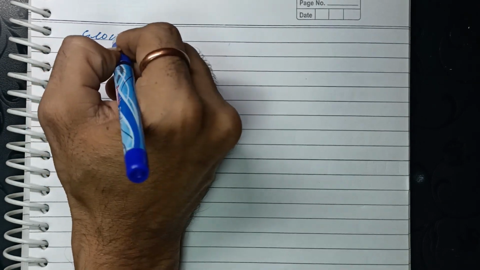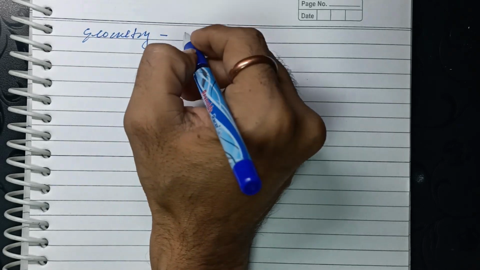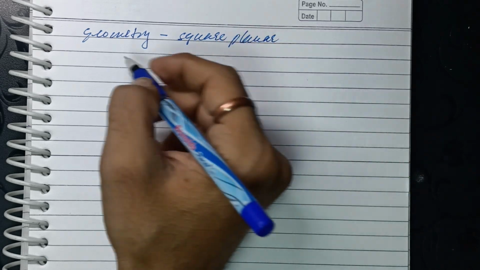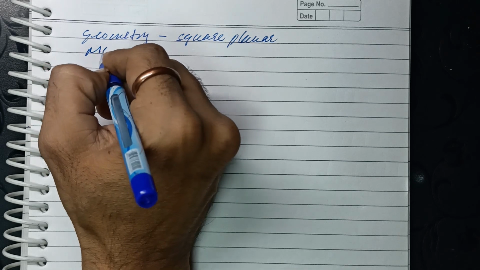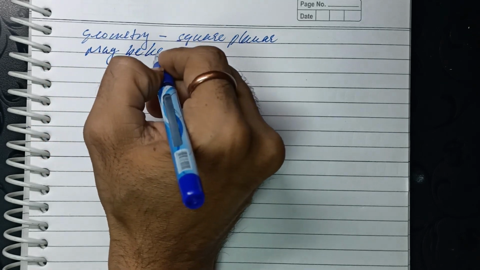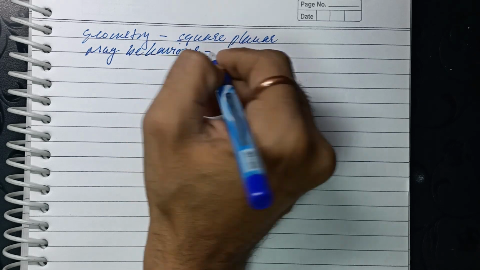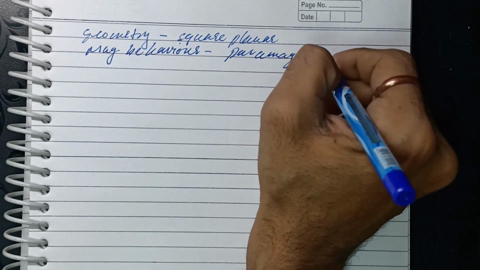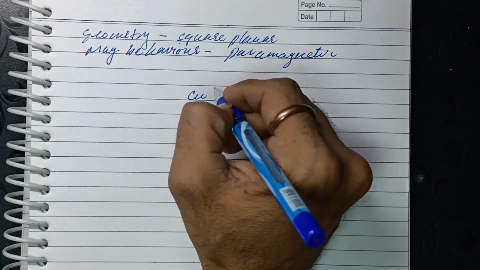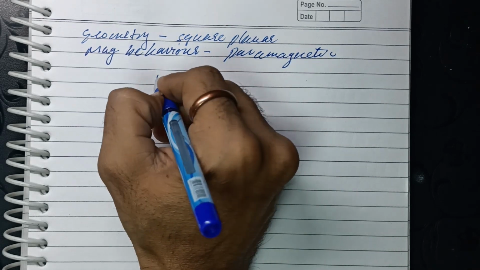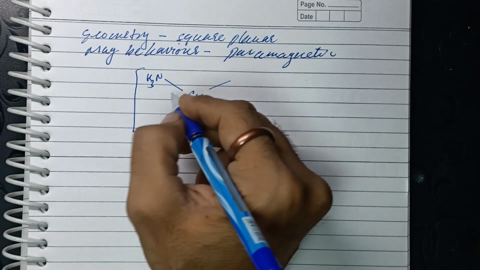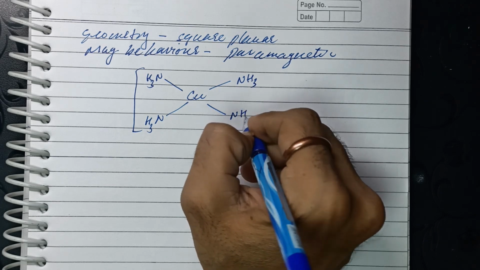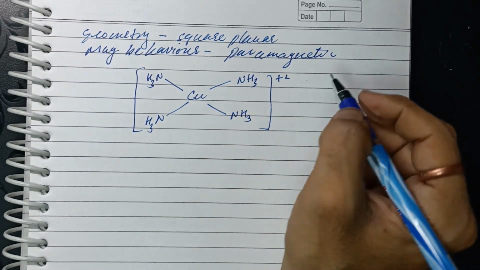Geometry is square planar, and magnetic behavior is paramagnetic. Structure: square planar geometry, [Cu(NH3)4]2+.